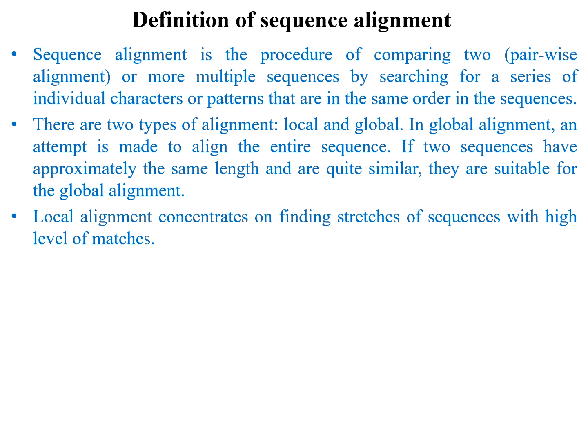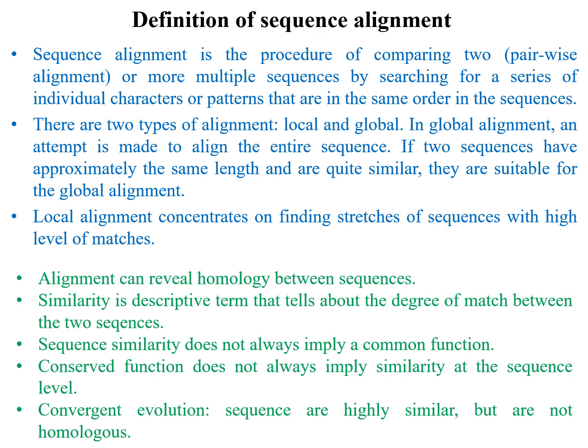In a broader context, sequence alignment can also be categorized in another way. If the alignment involves only two sequences, we call it a pairwise sequence alignment, or if there are more than two sequences involved in the alignment, we call it a multiple sequence alignment. These alignments help us in understanding the similarity between the sequences.